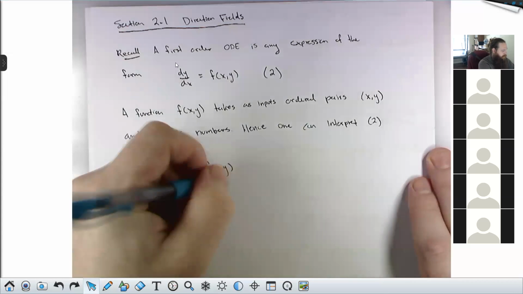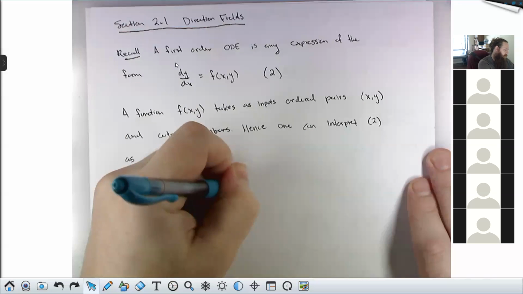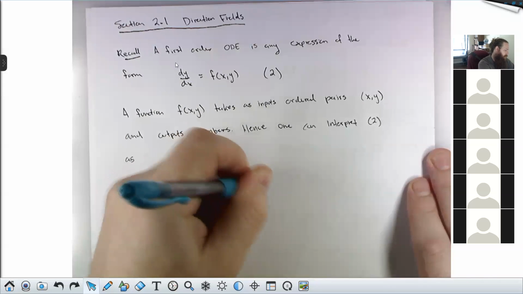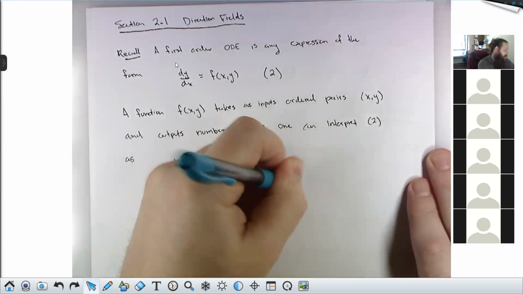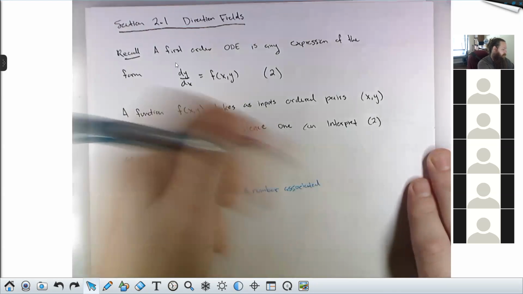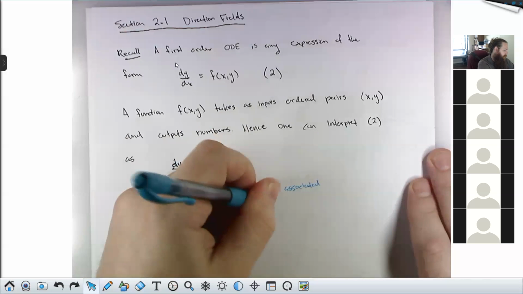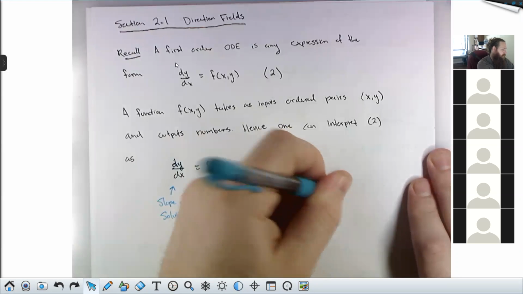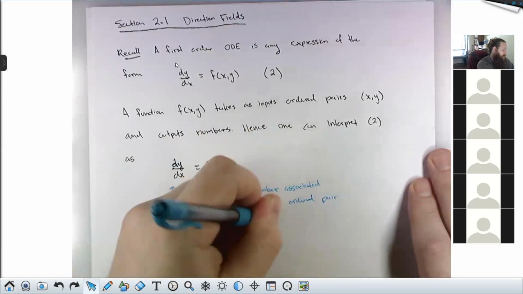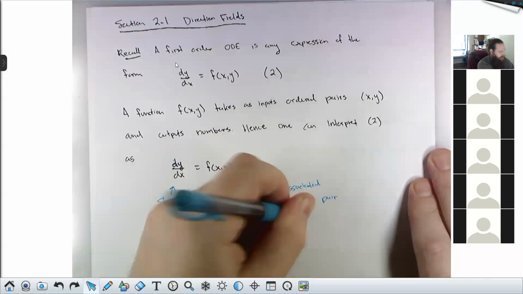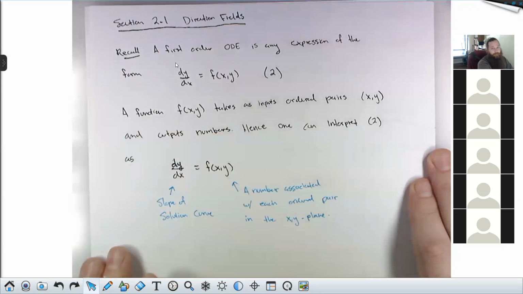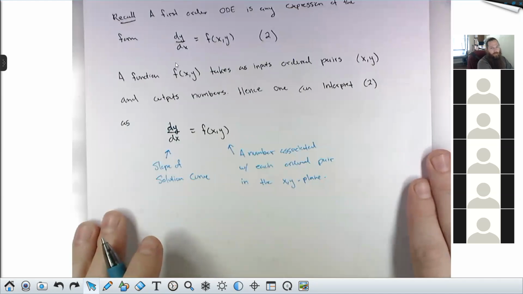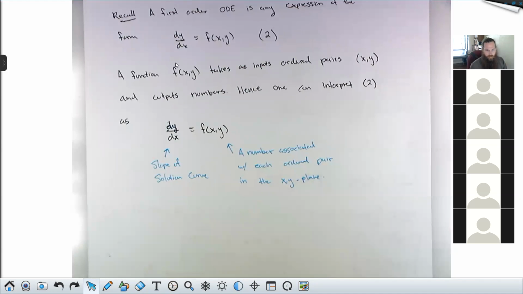being described as a number associated with each ordered pair in the xy plane. Right? The solution to the ODE is y, like the function y equals whatever.